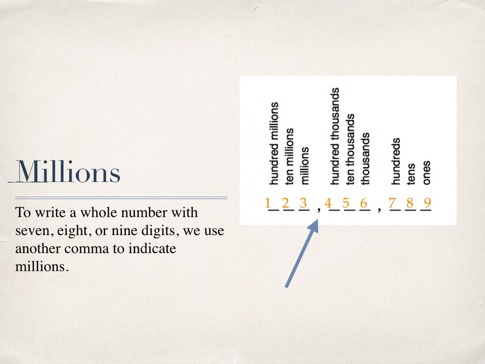To write a whole number with 7, 8, or 9 digits, we use another comma to indicate millions. Look at the place value chart again. Now we have 100 millions, 10 millions, and millions.